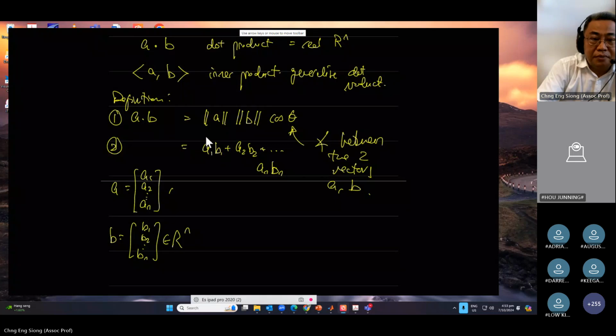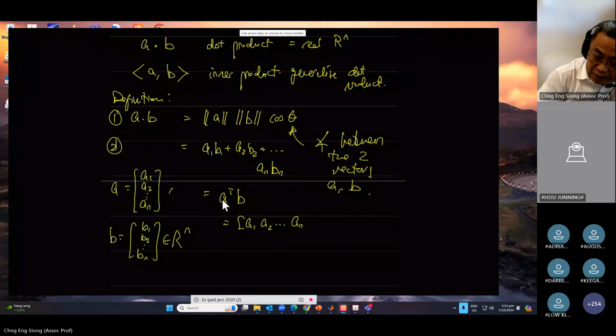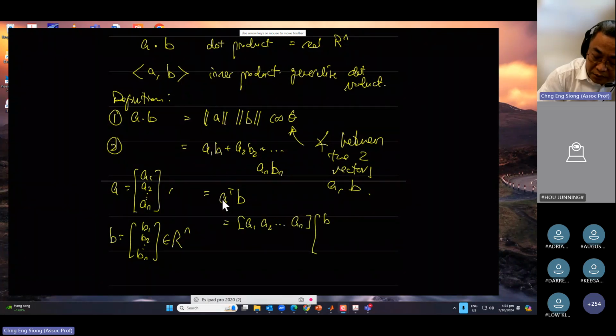You realize that I now have two ways to calculate. If I'm given vectors a and b, this is the easiest way to calculate the angle between them. If I'm only given the norm and the angle, then this is another way. Of course, we don't like to write it this way. We like to write it as a transpose b. Why a transpose b? Because this is simply the vector a as a row vector multiplying by the column vector.